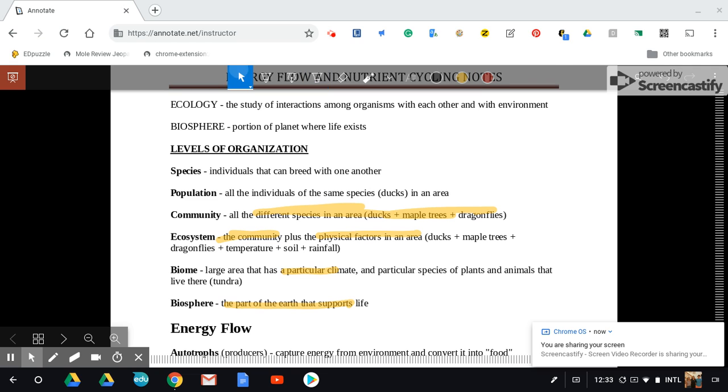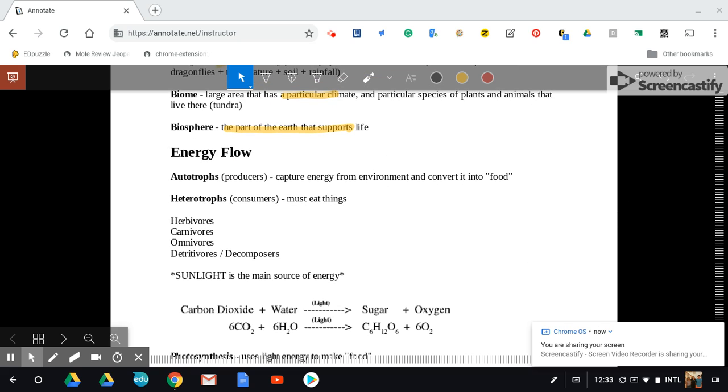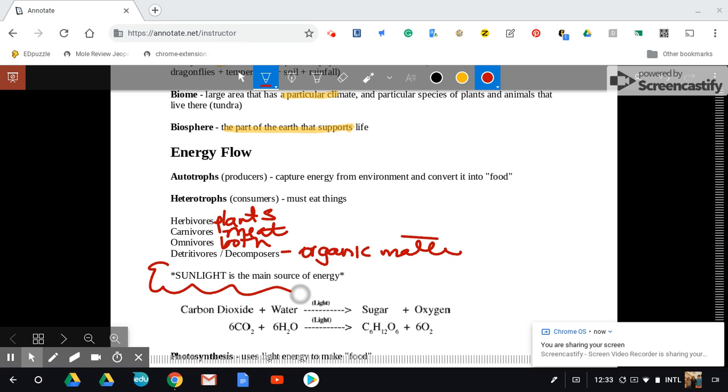Okay, so let's go through some energy flow. You guys seem to have remembered all this. Herbivores eat plants, carnivores eat meat, omnivores eat both, and decomposers eat organic matter. You told me that sunlight was the main source of energy.